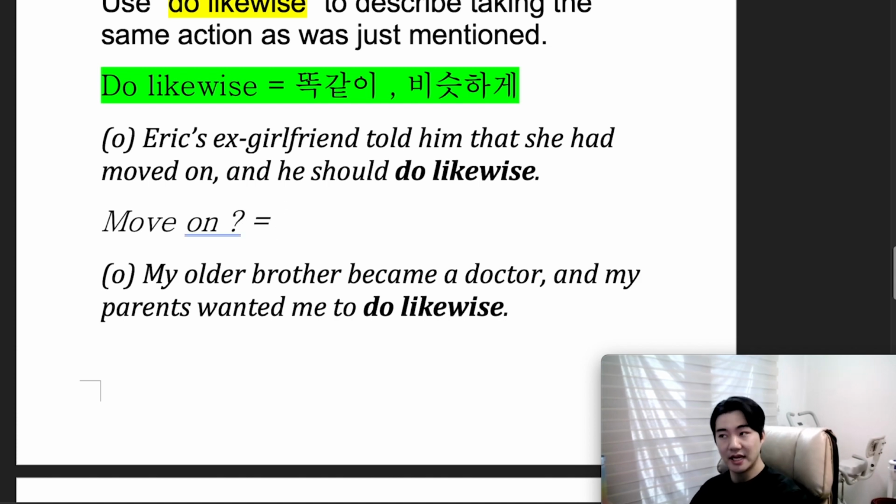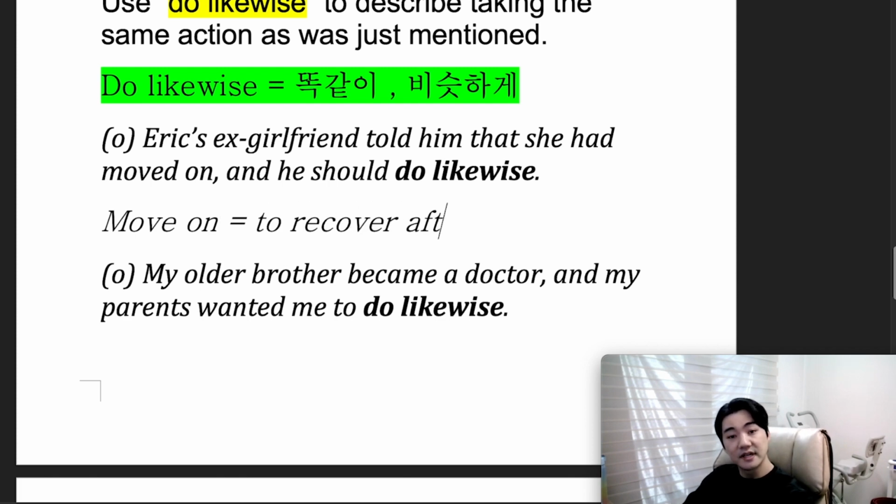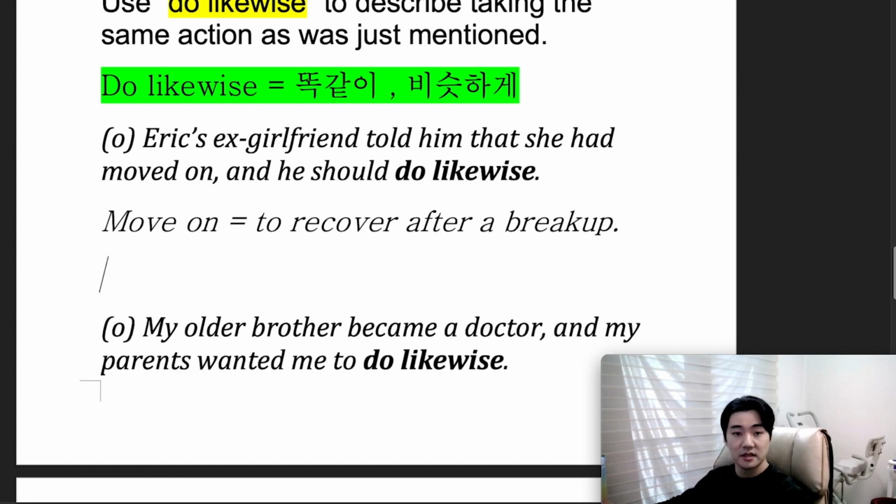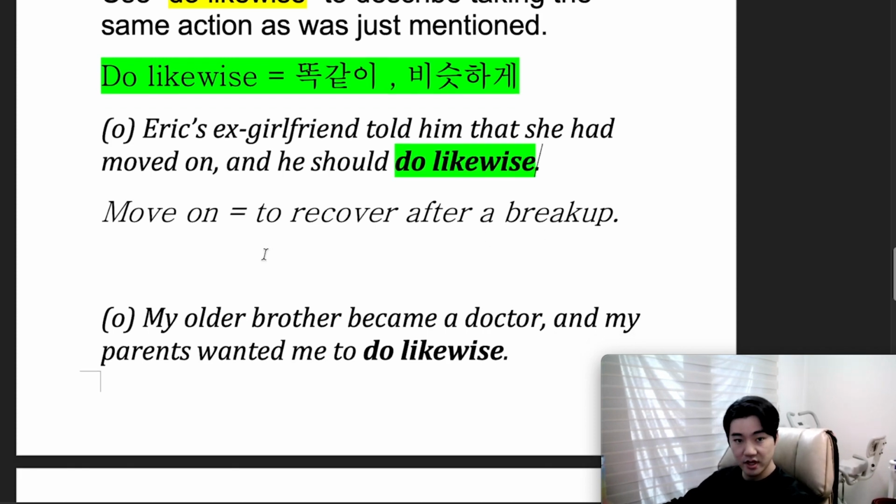In this situation, it doesn't mean like to move from one place to another. What it does mean is to recover after a breakup. So Eric's girlfriend has moved on, and Eric should do the same. Eric should do likewise. 똑같이 해야 합니다. Recover.